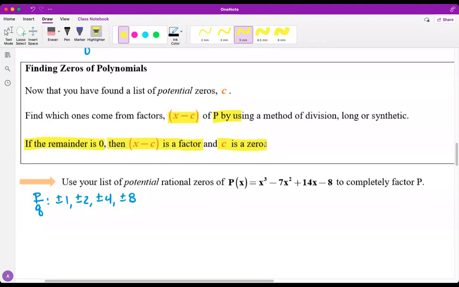So not only are you getting factors from this method, you're also getting a list of x-intercepts from this method, which is perfect because we just did graphing last class.